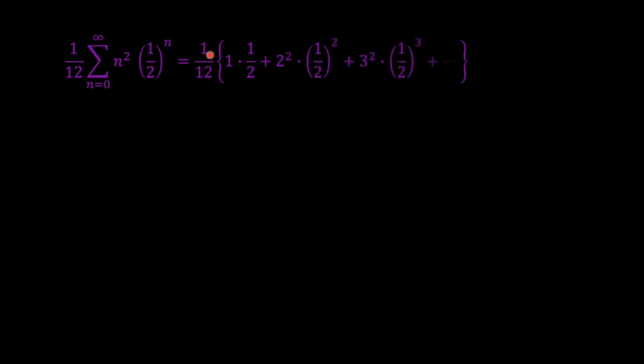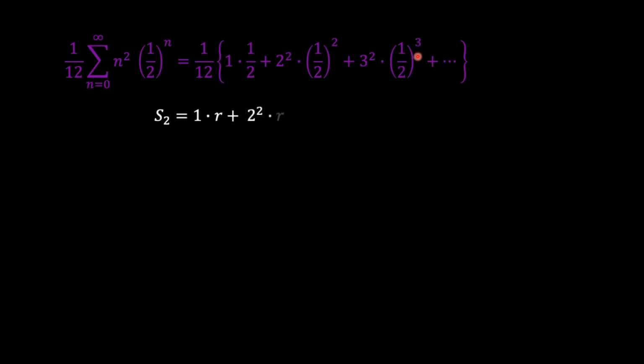And then the purple term, which is the more complex one, which is 1 over 12 times the summation of n squared times a half to the power n, which is the same as 1 over 12 times in brackets 1 times a half plus 2 squared times 1 over 2 squared plus 3 squared times 1 over 2 to the power 3 or cubed, and so on.